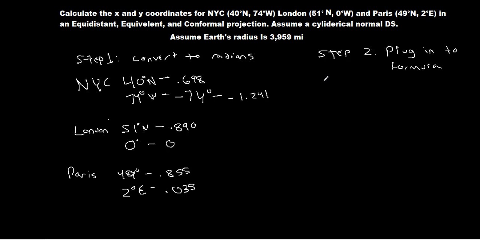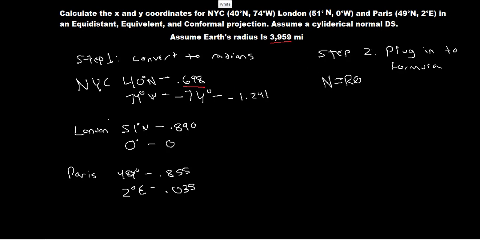So equidistant, we have a northing, which again is the north-south direction, equal to the radius in question, times theta, which is our latitude, which is our north. Okay. So we assume that the radius in this case is going to be 3,959 miles, and we have our latitude in radians of 0.698.